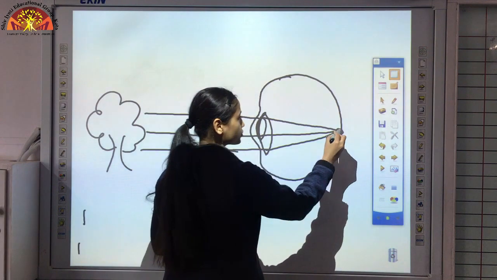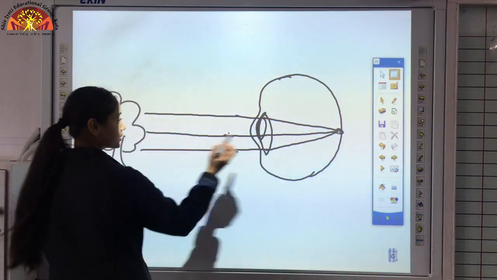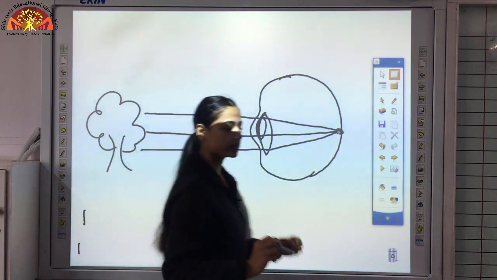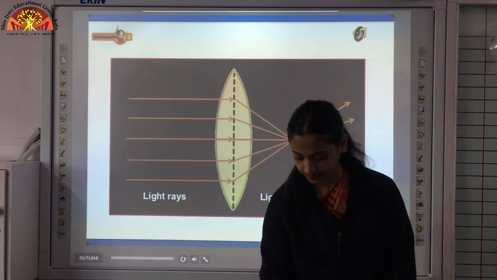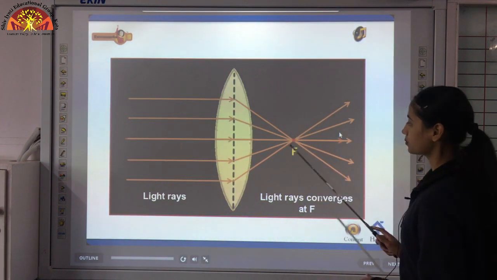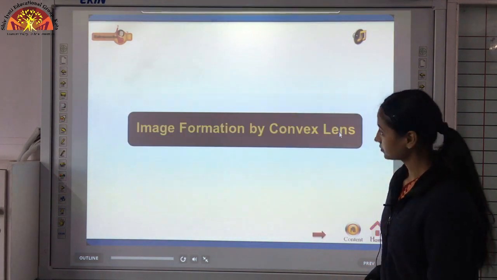This point is on the retina, and here the image of this tree is formed, and that is how we are able to see that tree or any other object. The point at which the light rays meet is known as the focus.